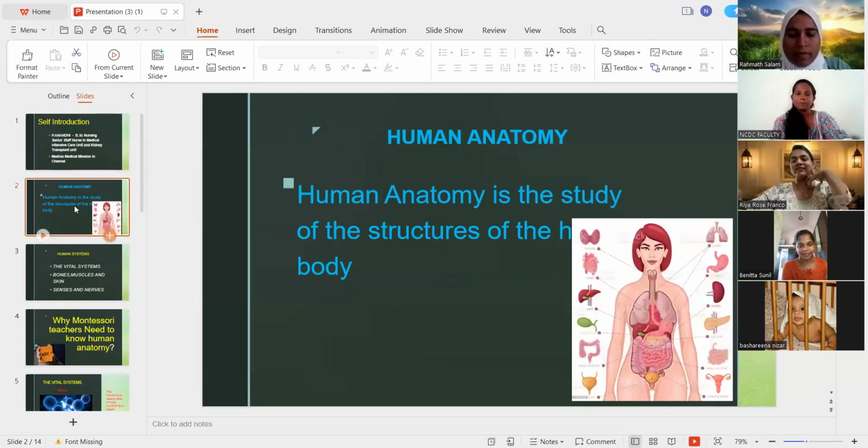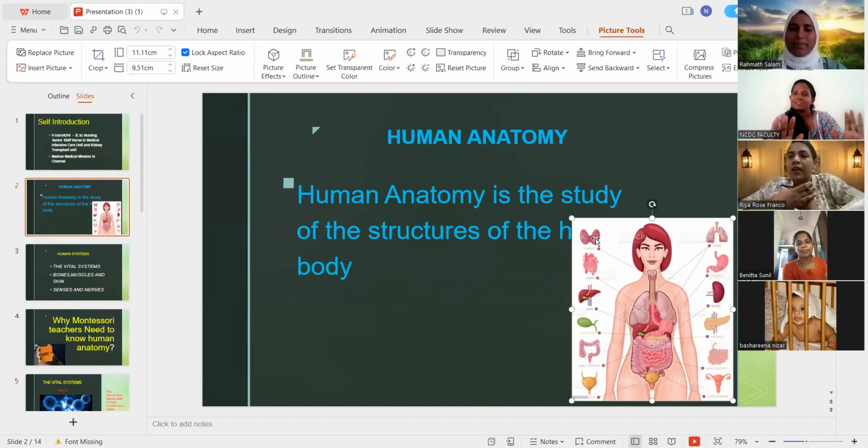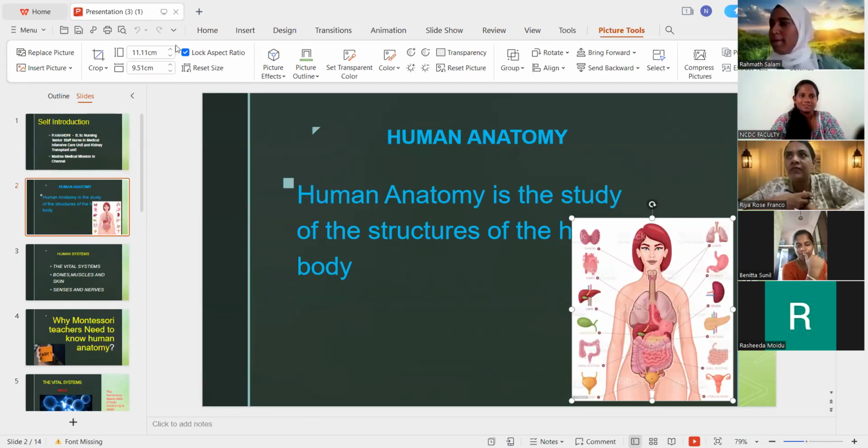Yes, so human anatomy. What is human anatomy, ma'am? I have shared the slide. According to me, the definition is: human anatomy is the study of the structures of the human body, in simple terms. What in your knowledge is anatomy? Everything about the human body.